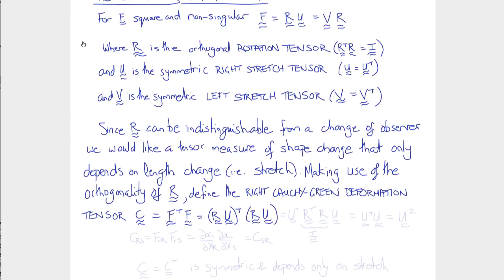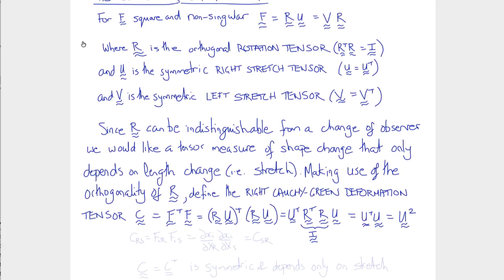And recall that the transpose of a product is the product of the transposes, but in the opposite order. So that gives us U transpose R transpose RU. But R transpose R is I, the identity tensor, which leaves us U transpose U. And since U is symmetric, that would be the same as U squared for short.